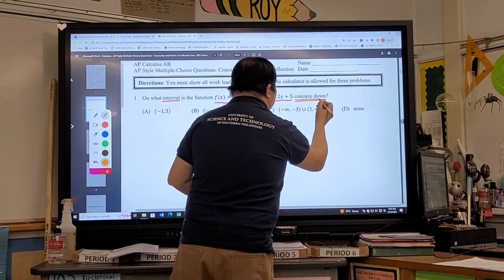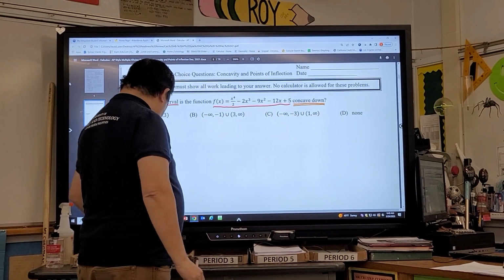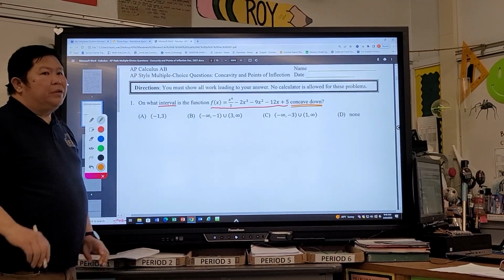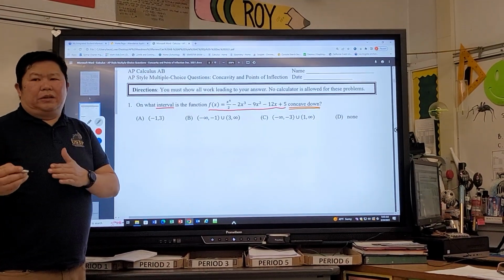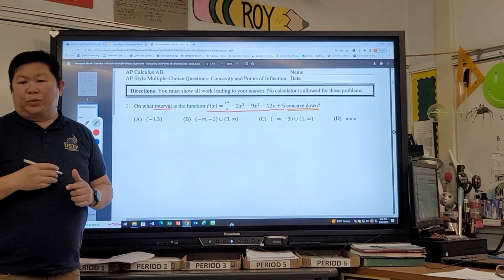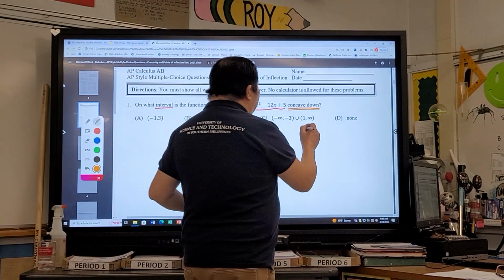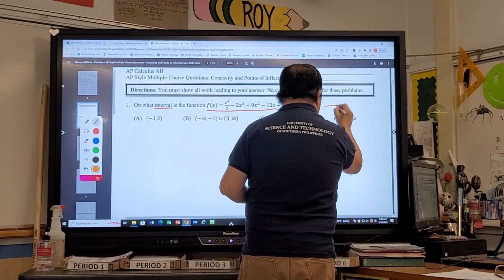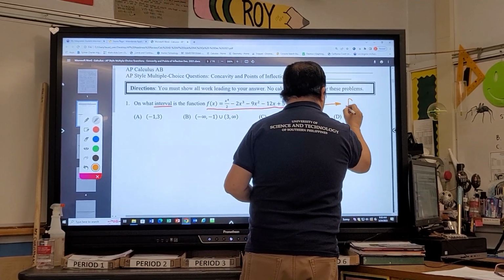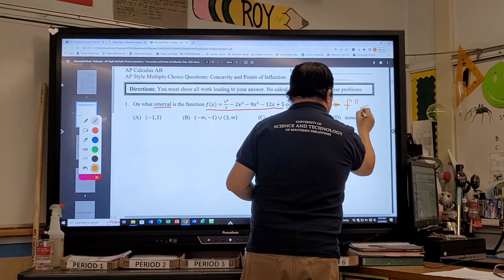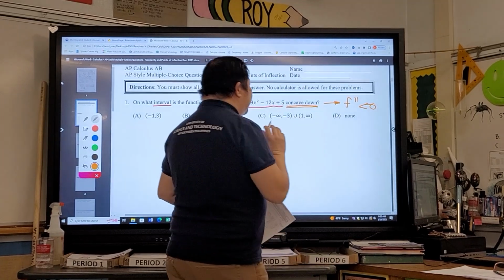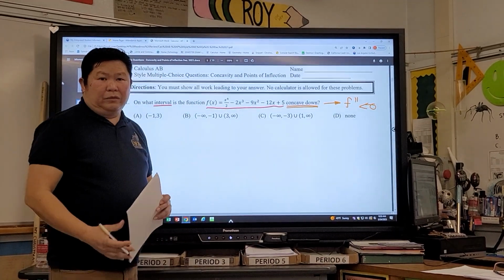And what is concave down? Oftentimes we need to understand each word. Concave down means f double prime, always remember that f double prime is less than 0. That's the concavity down.